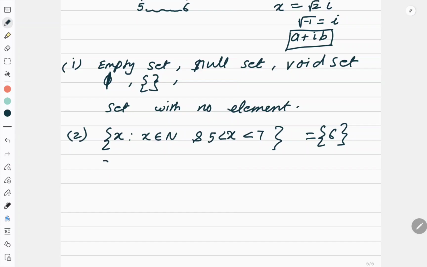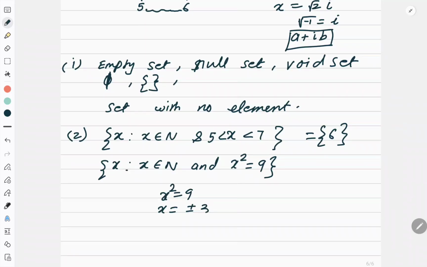Correct. One more example. If I say x such that x belongs to N and x square is equal to 9. Now when x square is equal to 9, x is equal to plus minus 3. Why plus minus 3? Because when I square 3, I get 9, and when I square minus 3, I get 9.